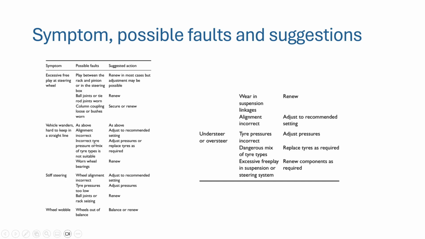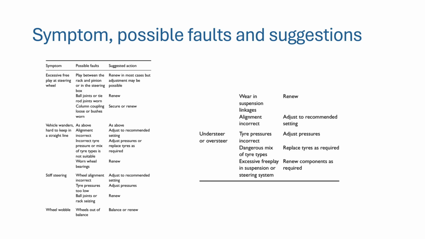Or incorrect tire pressure or a mix of tire types. That is, one side of the tire is new and the other is old, or one tire is of one type and the other side is some other type. In that case, your wheels will not align straight. Or it could be the possibility of worn wheel bearings.